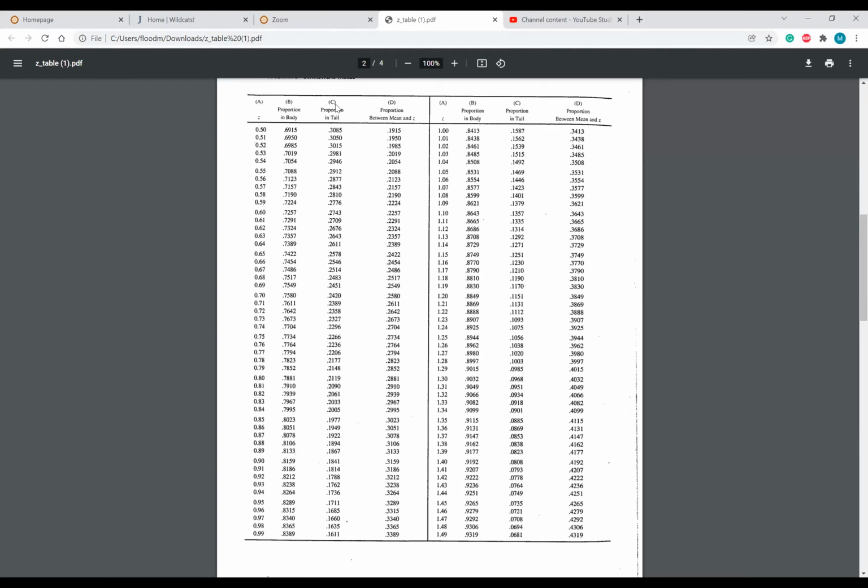So if we go down in column C, we're going to keep going down. The closest number right here to 0.1000 is 0.1003.